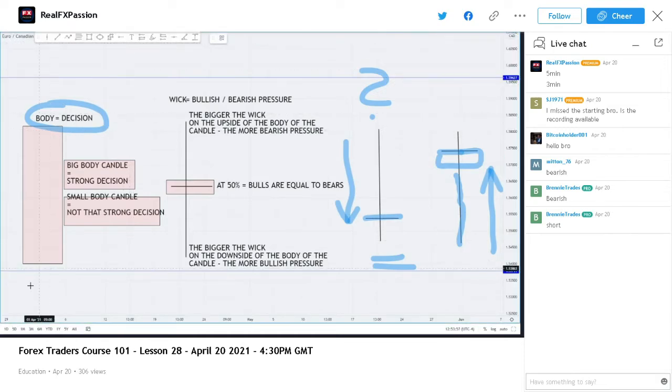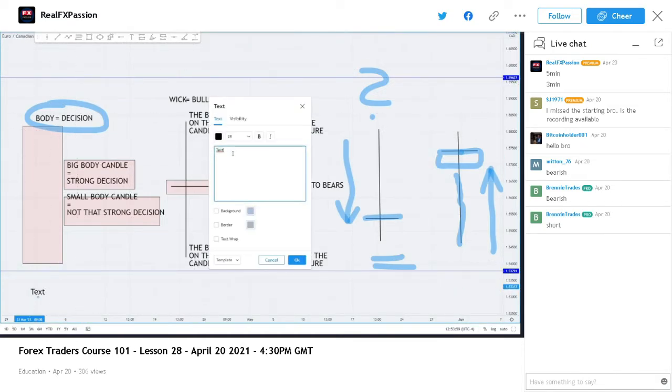Okay, and one more. The color of the body of the candle is going to tell the trader if it is bullish or bearish. Okay, everyone?